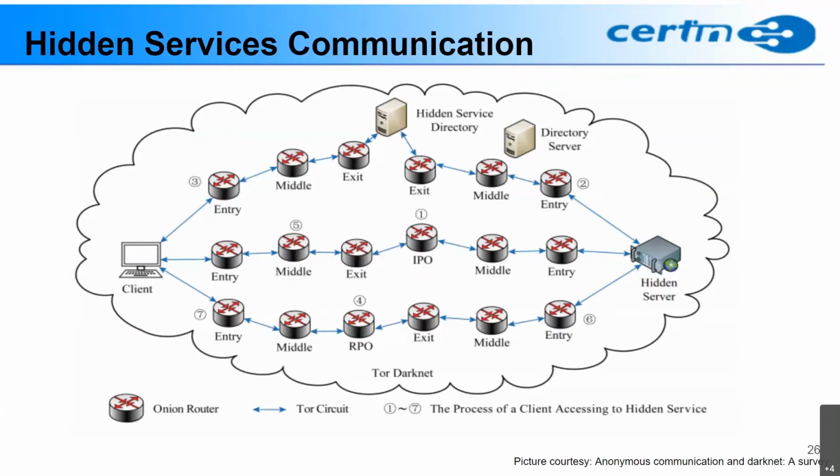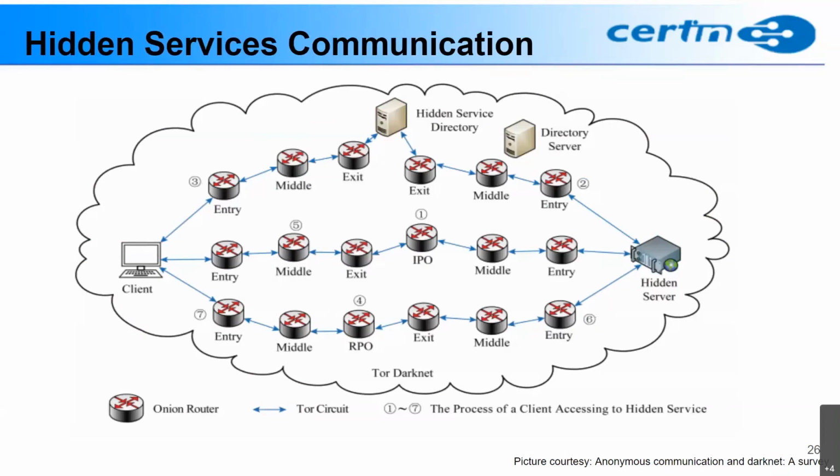So here, if you observe, for every task, for getting the IP address from the onion website, one is using path 3. For sending the request, one is using path 5, and for getting the reply, the service provider is using path 6.